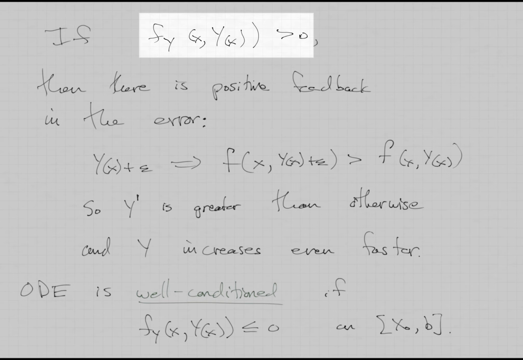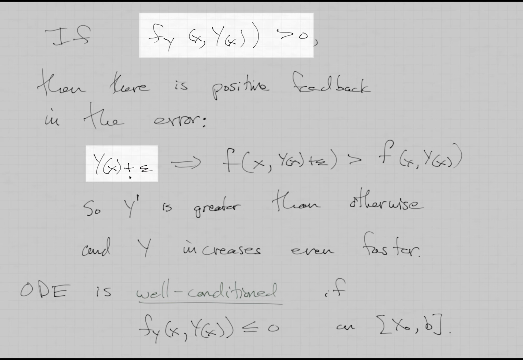If f sub y is positive, that means as you increase y, you also increase y prime, right? This means that as y gets bigger, f is actually getting bigger, and f, of course, is equal to y prime. So as y gets bigger, y prime gets bigger. What consequence would that have?